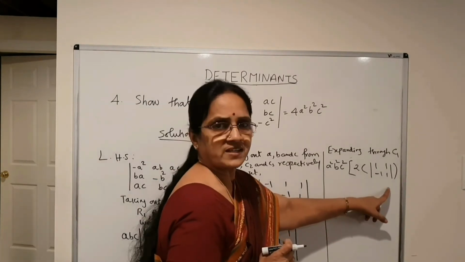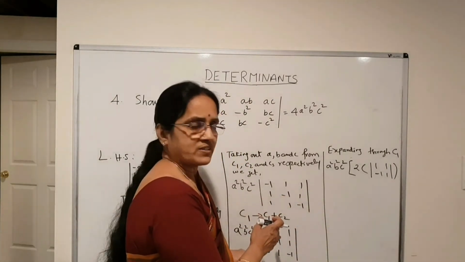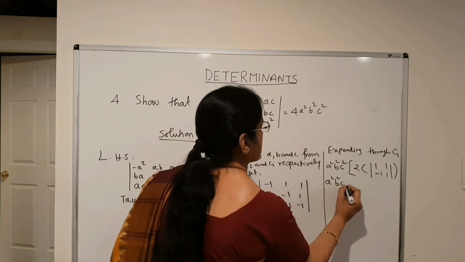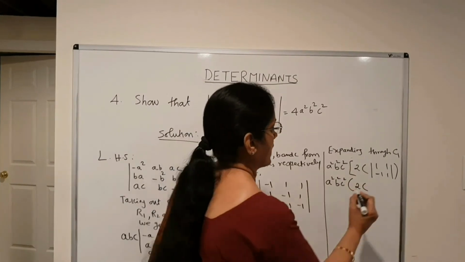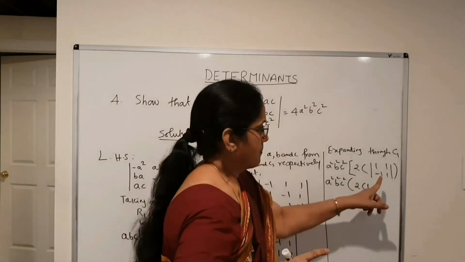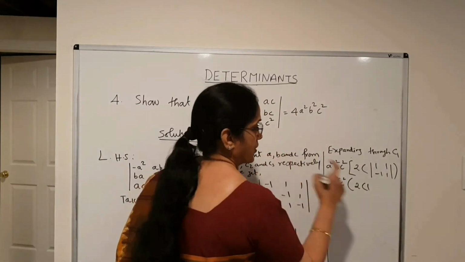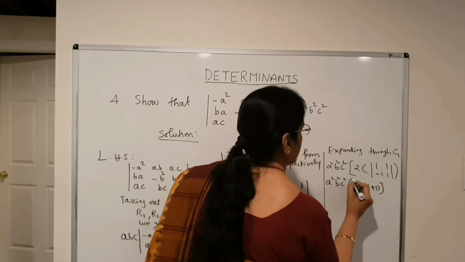That is how we evaluate any determinant. So this will be a², b², c² into 2 into 1 into 1, 1 minus of minus 1, 1 into 1. Minus of minus 1 is going to be plus 1 here.